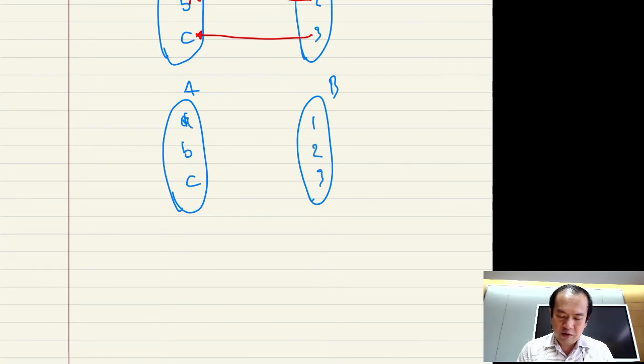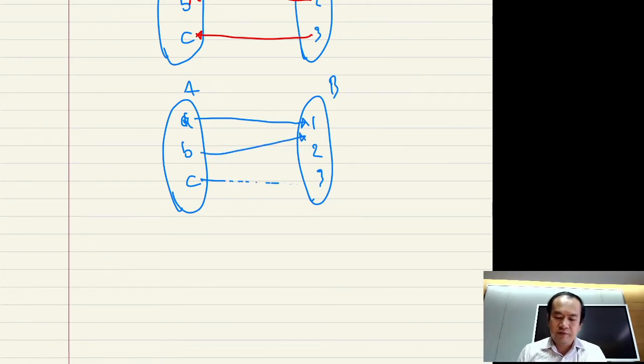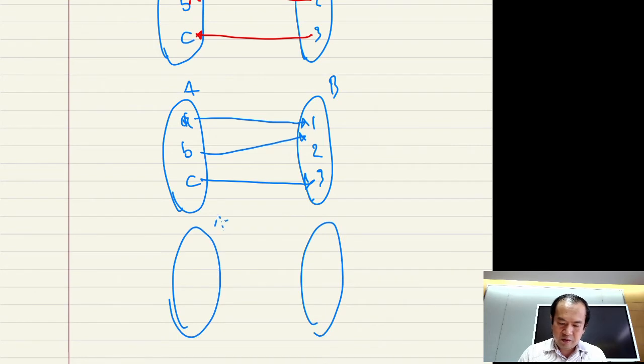Say a to 1, b to 1, and then c to 3. Okay, so the inverse function of this one would be a, b, c, 1, 2, 3. So this one pointing back, this one pointing back, this one pointing back.